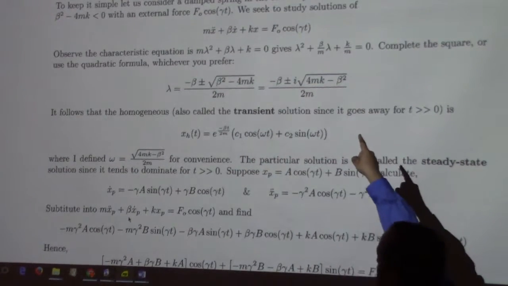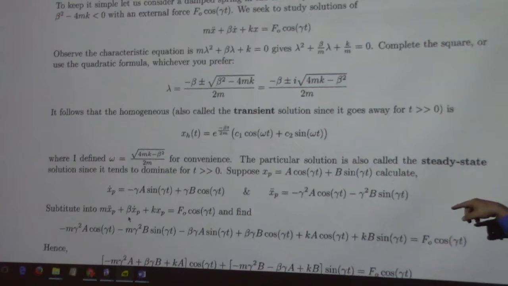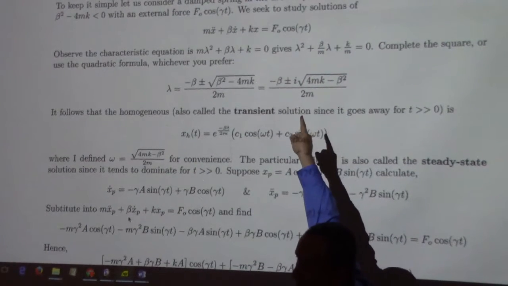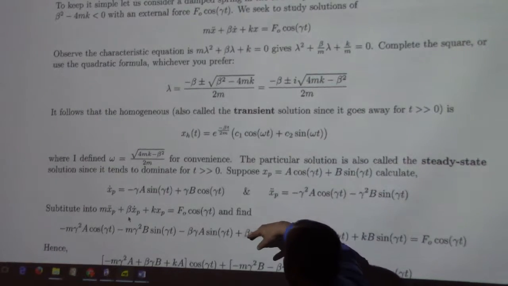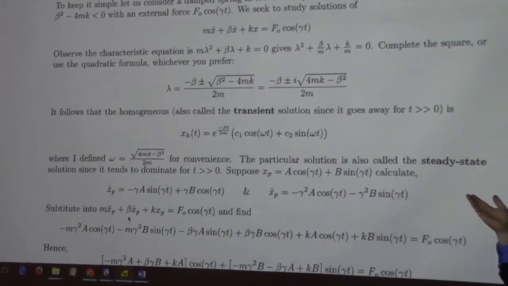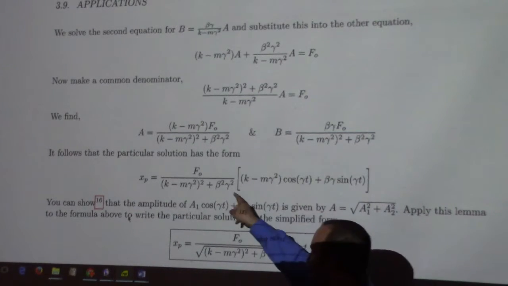So you can actually work this out symbolically, and if you do that, the homogeneous solution looks like this, so it's definitely not the same form. There's no overlap. The particular solution has to have the form A cosine plus B sine gamma t like that. Plug it in. You work out the math. Eventually, you get to your particular solution looking like this.